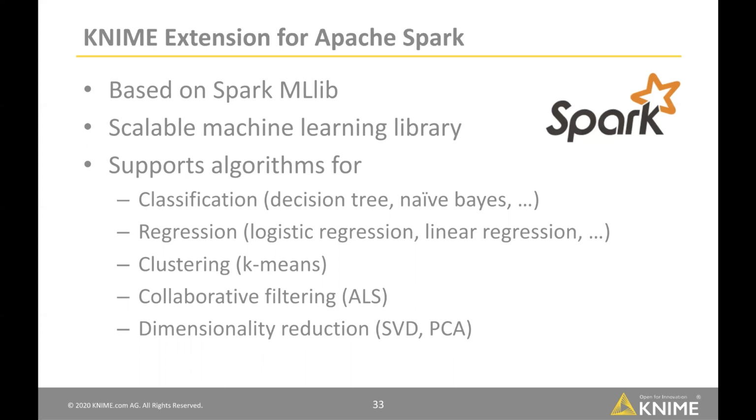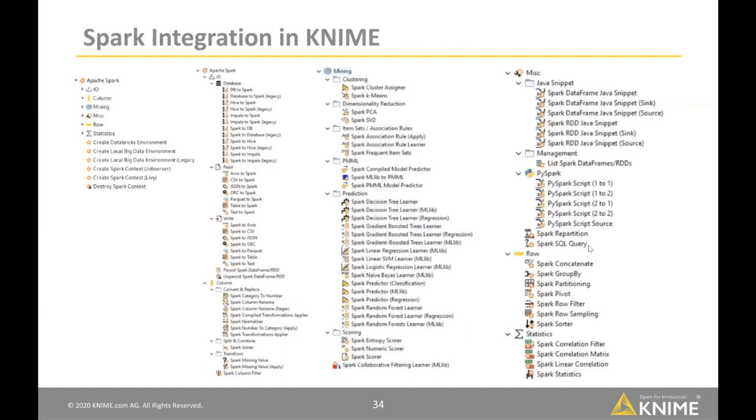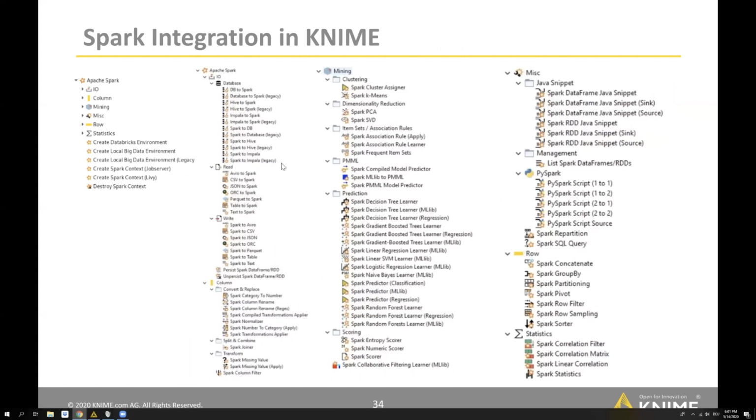You can do pre-processing, and due to Spark providing this library called Spark MLlib, we can also do a lot of predictive analytics and advanced analytics on Spark, because all these algorithms for classification, regression and clustering, for example, Spark has them in this MLlib library, and we have nodes that make use of those really scalable and distributed implementations of those algorithms. So the Spark integration offers a relatively large set of nodes.